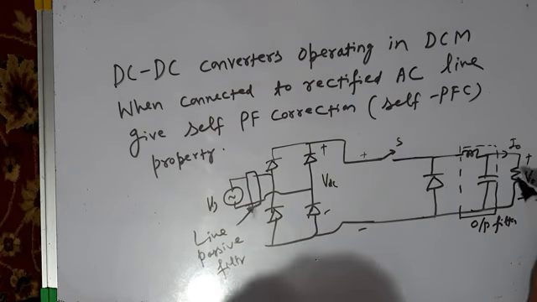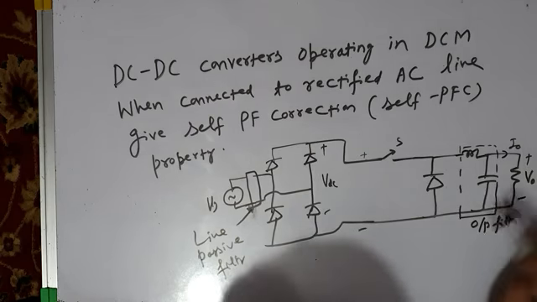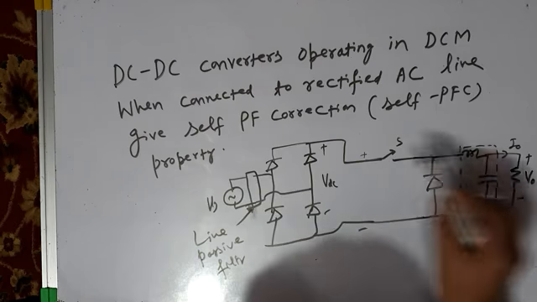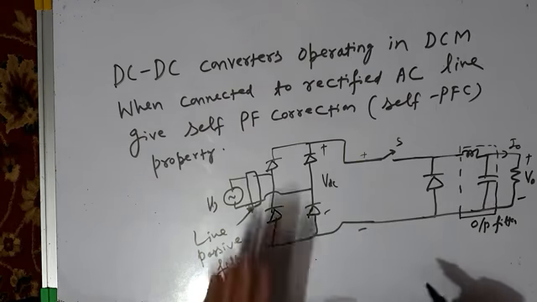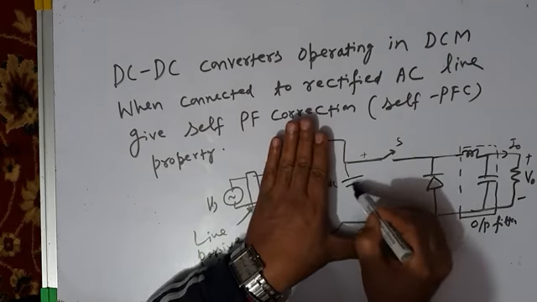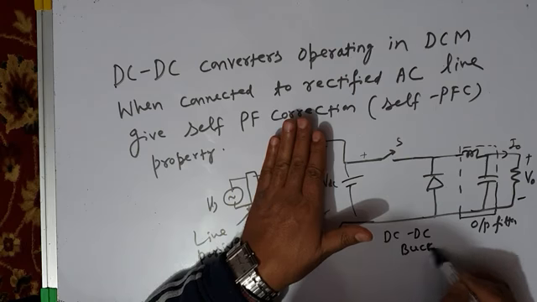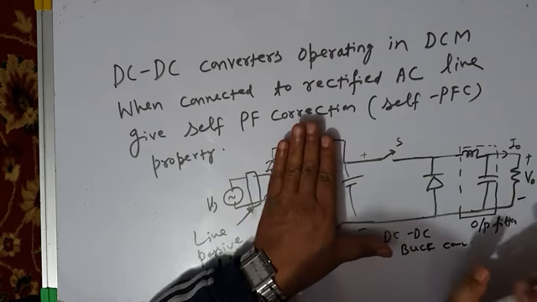So when you are feeding your load through a DC to DC converter which is connected to a rectified AC line, then this becomes your AC to DC buck converter. If you are supplying it from a battery, then this is a DC to DC buck converter. There is no AC anywhere in it.